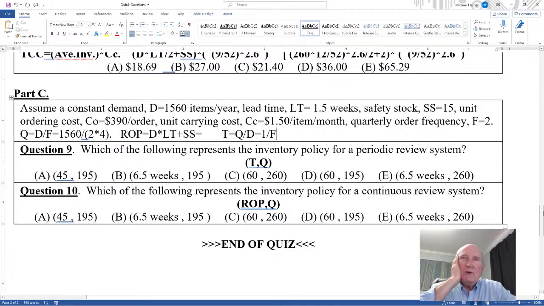But I think down here we want weeks for the periodic review. So we have to go from quarters to weeks if we use 1 over F. Again, going to years, going back to weeks, times 4 divided by 52 to get my weekly order frequency.